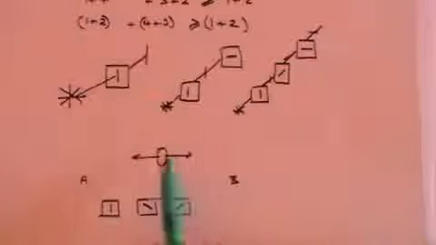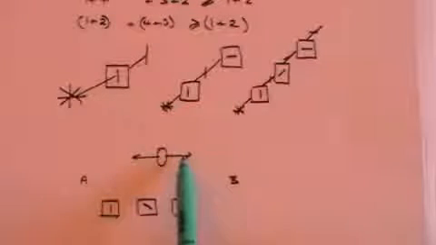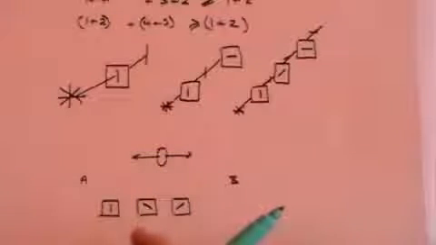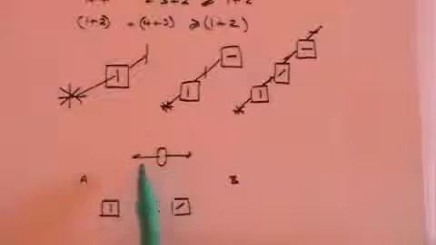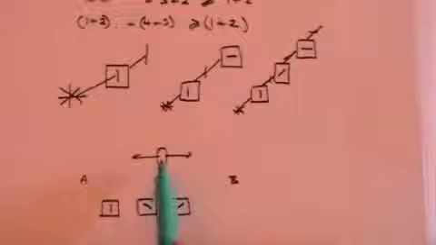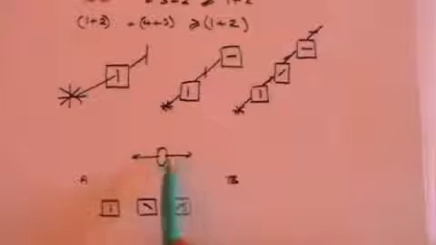So if you produce two photons, they will have the same polarization. If you then produce another two photons, they will have the same polarization, but not the same as the earlier two, if you see what I mean. So what we're going to do in this experiment is we're going to constantly produce pairs of photons.